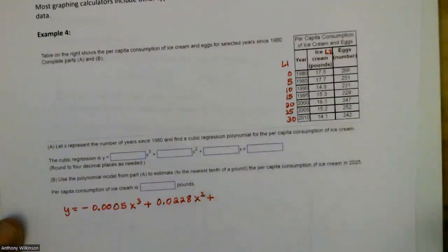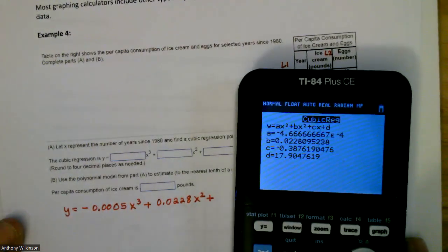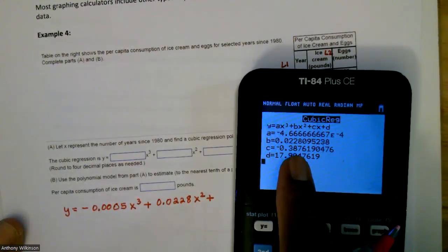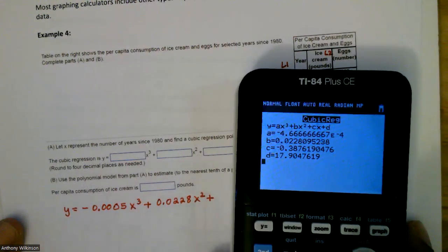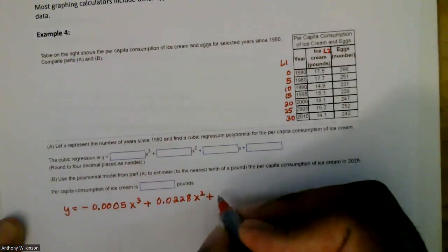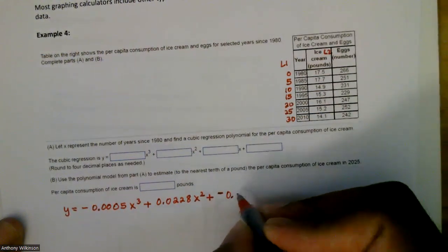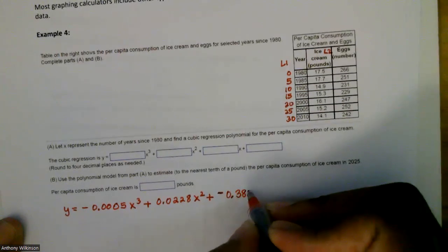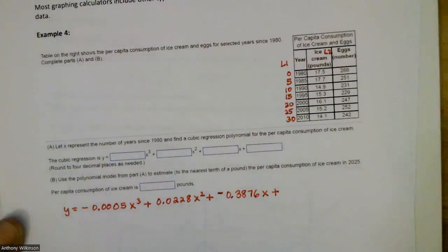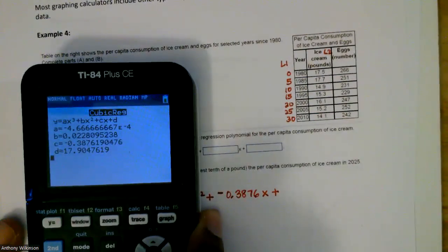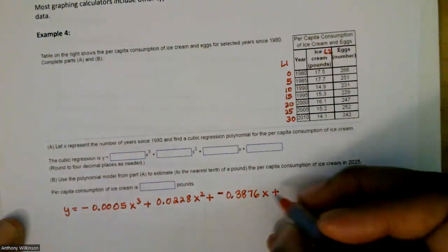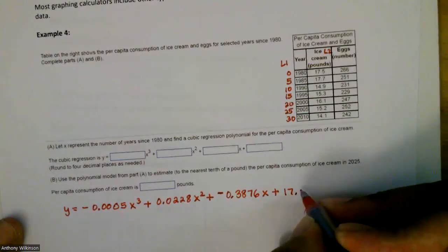And then plus for c, that's going to be negative 0.3876. That's going to be the coefficient of x plus the constant. And the constant in this case is 17.9048. All of these are rounded to 4 decimal places.